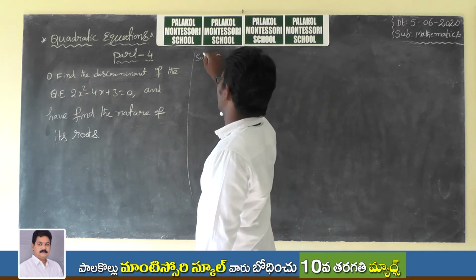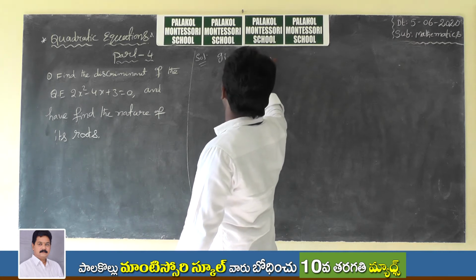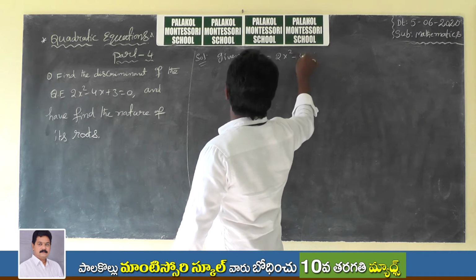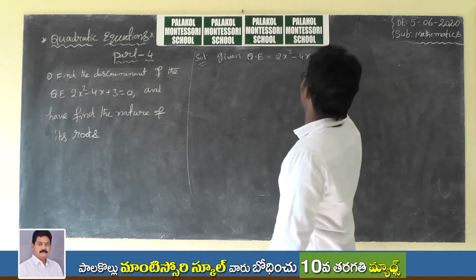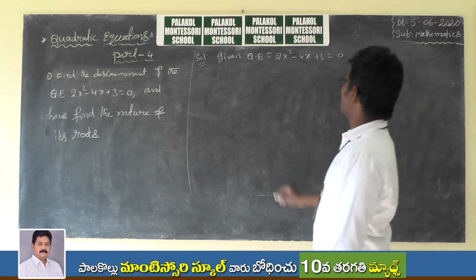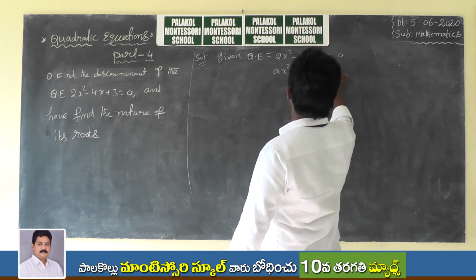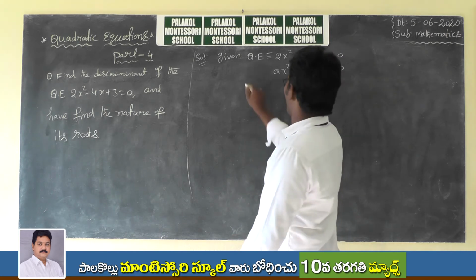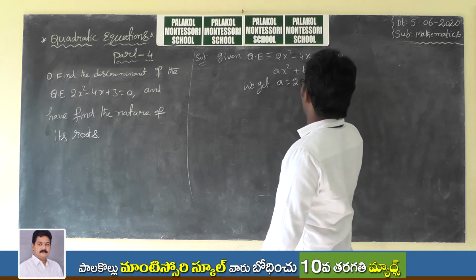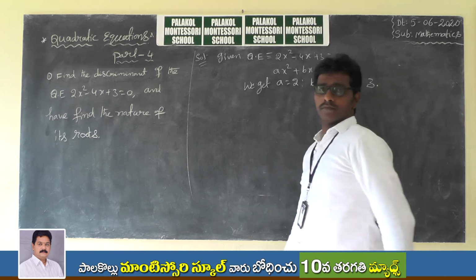Given solution: the quadratic equation is 2x square minus 4x plus 3 equal to 0. Comparing with ax square plus bx plus c equal to 0, you get a equal to 2, b equal to minus 4, c equal to 3.